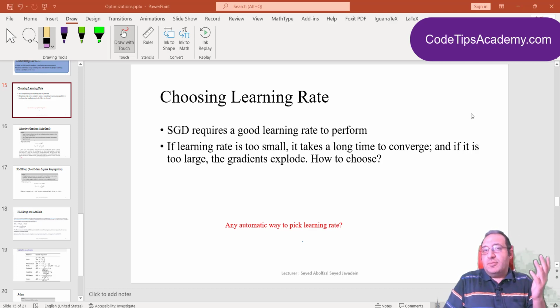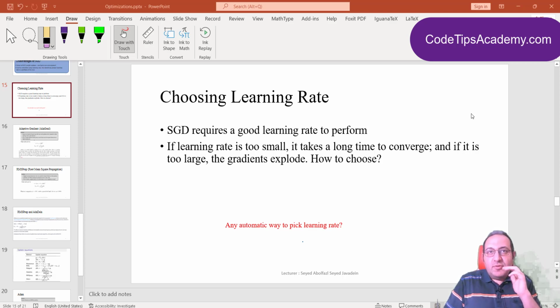And if the learning rate is large, you can't get to the global minimum. It may explode, or it can't converge. If you can't remember this concept, please see the previous videos.